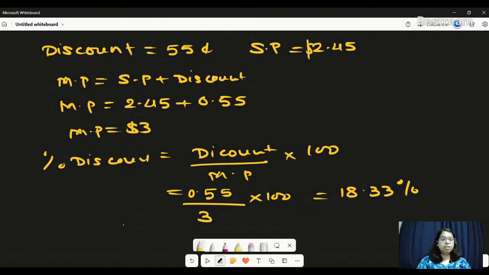Now let's start with something called simple interest. What is simple interest? Let's say that you have about $100 and you decided to put that $100 in a bank for, let's say, 2 years, and the bank promised that they will give you 5% interest on it in your savings account.